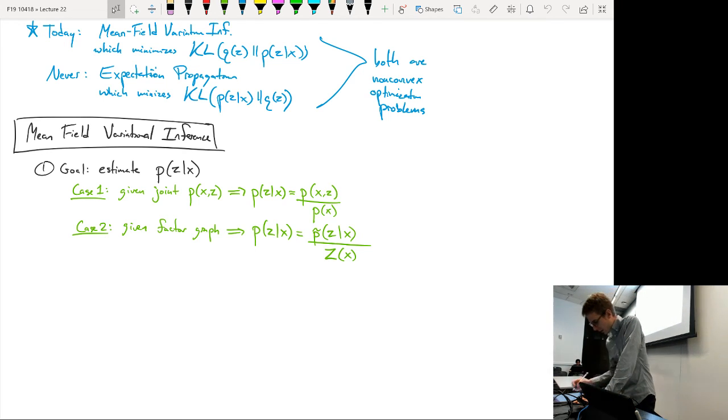Okay, so the point is, either way, we have this term in the denominator that we're going to assume to be intractable.